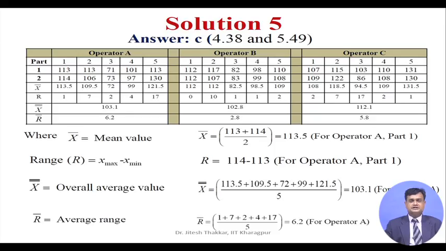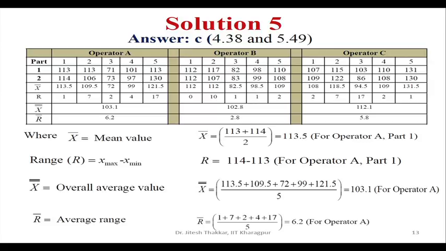If we look at the correct answer, then answer C is the correct one, which is 4.38 and 5.49. Here some computation is involved and you would be interested to learn the solution of this problem.